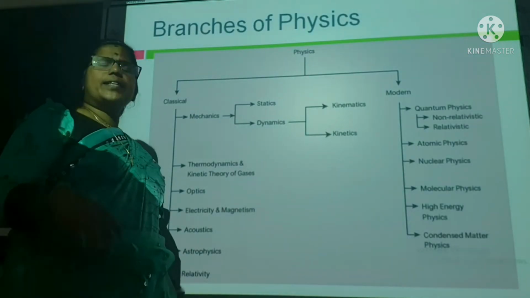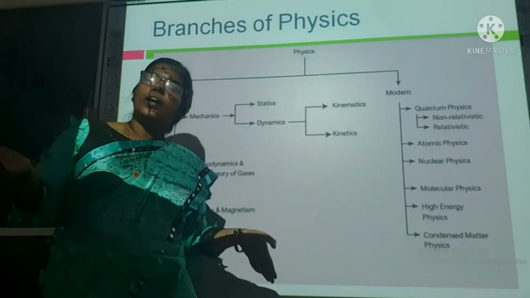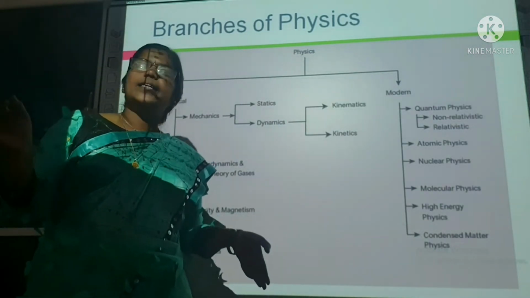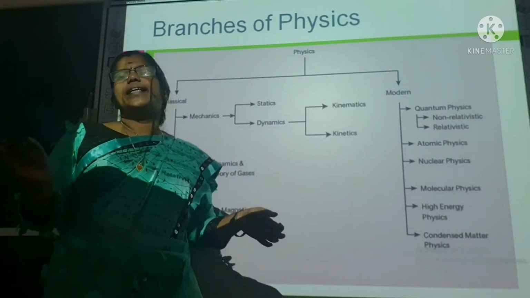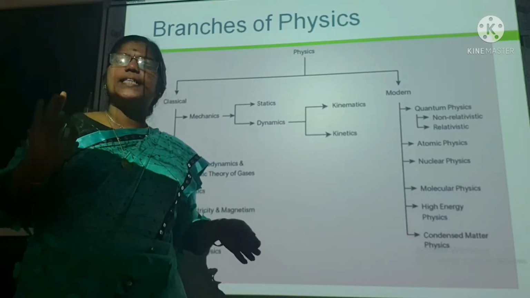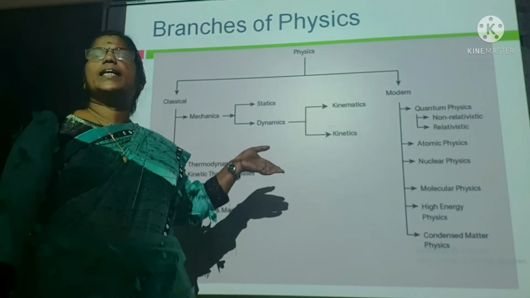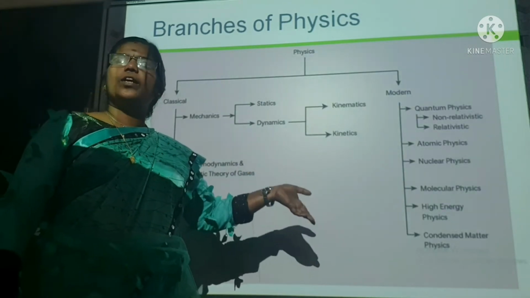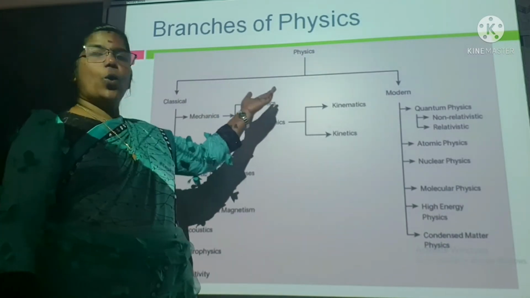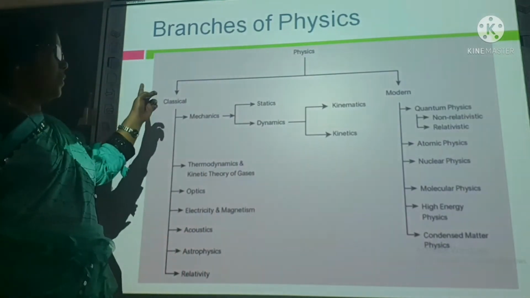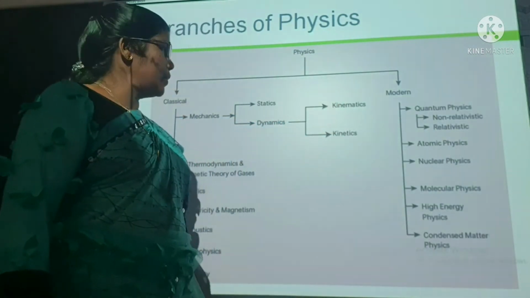Now, branches of physics. Physics has a lot of branches. We already studied that physics is the basis for all the other sciences, and from physics many things, new technology, everything, are due to physics.